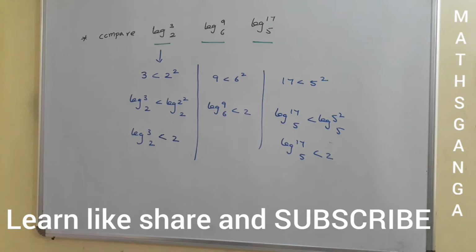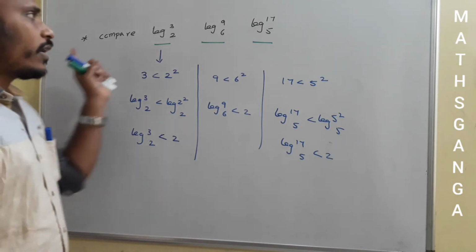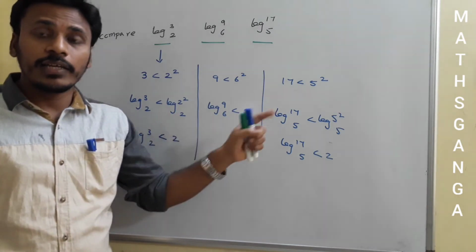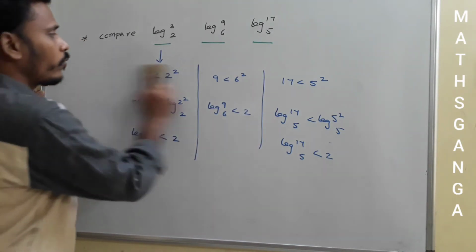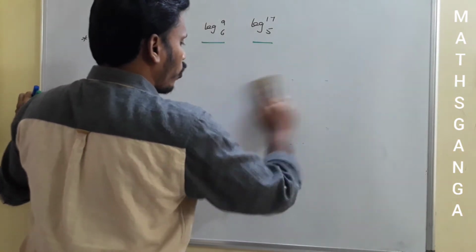The first idea gives that these three values are greater than 1, and the second idea gives that these three values are less than 2. So we need to zoom in on the region between 1 and 2 where they are located.